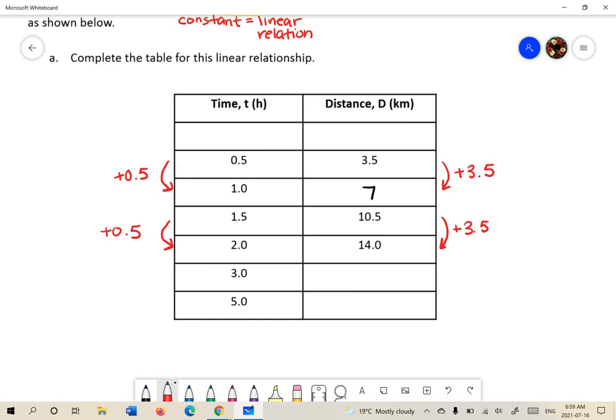Working backwards, this would be 0, because Y would also be increasing by 3.5, and adding 3.5 to get 3.5 means this would be 0. There are some rows missing, and I can tell because we're no longer jumping from 2 to 3, that's not a 0.5 jump, or 3 to 5. That's not a 0.5 jump. So we need to use our slope in order to help us complete the rest of this table.